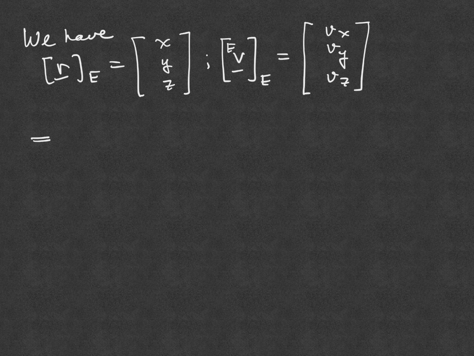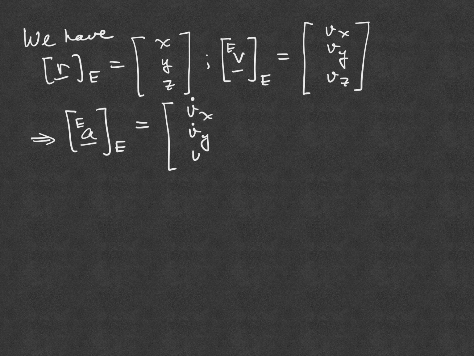And that implies that the acceleration expressed in E, that's the Earth relative acceleration expressed in E, is equal to Vx dot, Vy dot, and Vz dot.